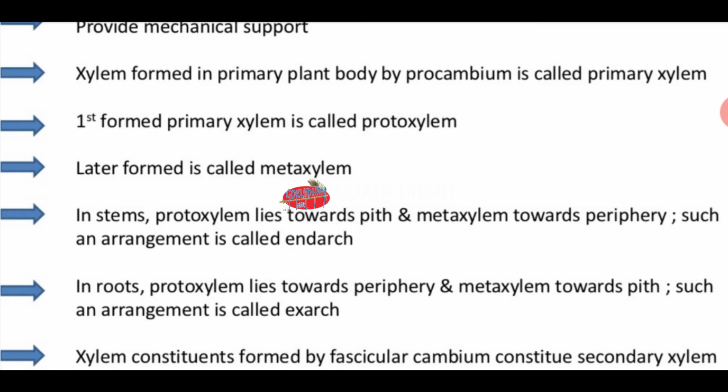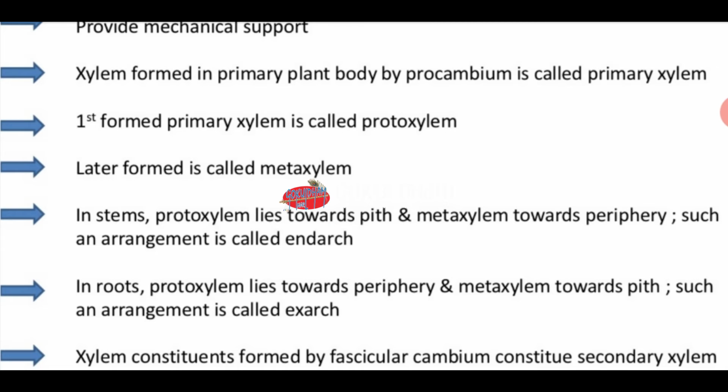And in root the protoxylem lies toward the periphery and metaxylem lies toward the pith. Such kind of arrangement is known as exarch. So एग्जाम में ऐसा भी पूछ सकते हैं कि भाई रूट में कैसा अरेंजमेंट होता है xylem का, तो आंसर इज it is an exarch kind of arrangement of xylem in the root.